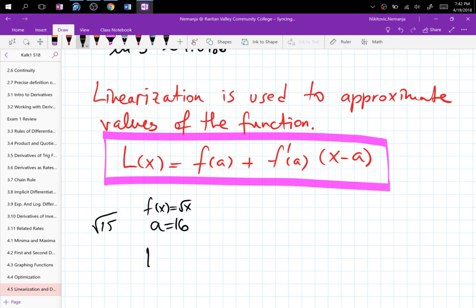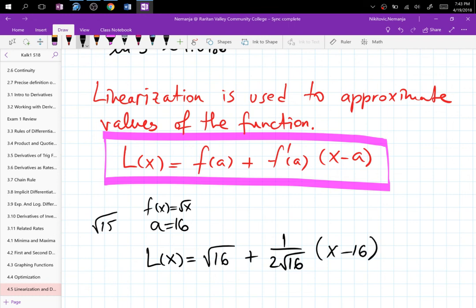So now what's L of x? L of x is f computed at a, which is square root of 16, plus the derivative computed at a, which is 1 over 2 root 16, and over here you have x minus 16. In one shot you get everything.